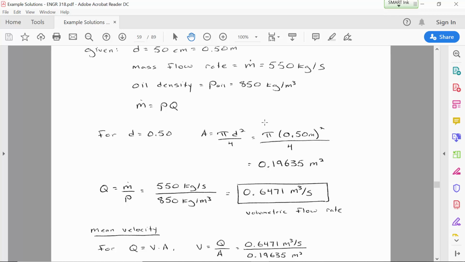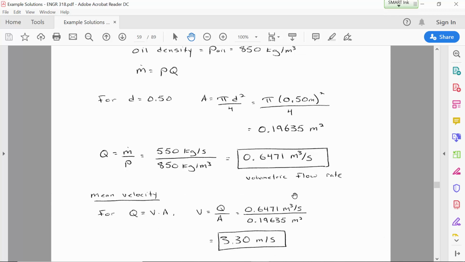The volumetric flow rate is 0.647 cubic meters per second, and that's the volumetric flow rate that we calculated from the mass flow rate. And then once we know the volumetric flow rate, we can get the velocity by dividing by the area. And so we needed to calculate that with the diameter that's given, and it's 3.3 meters per second.